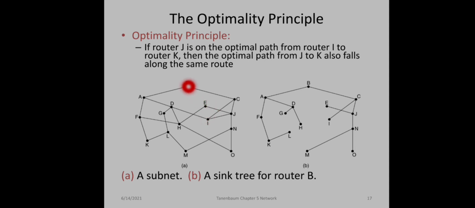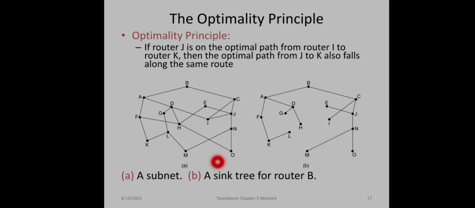That means if the optimal route from B to I is through C, then the optimal route from C to I always will be along the same route. No other way will be better than this subroute. And that is optimality principle.